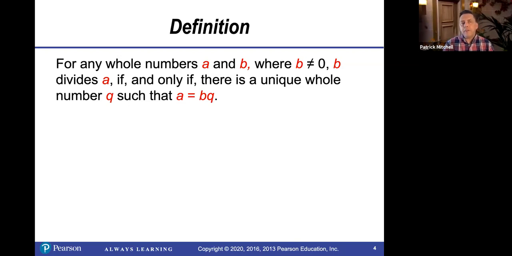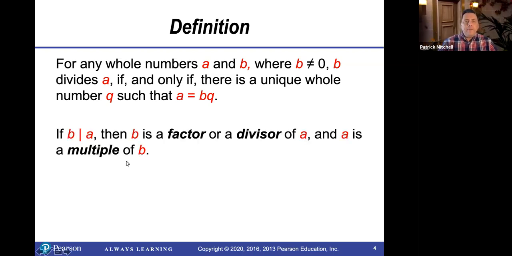Remember, the division algorithm said that for any whole numbers A and B, there exist whole numbers Q and R such that A equals BQ plus R. So this is just talking about the case where R is 0. So this is just saying that A is evenly divisible by B. That's another way of saying that. If B divides A, then B is a factor or a divisor of A, and A is a multiple of B. Lots of vocabulary at the beginning of a new chapter.